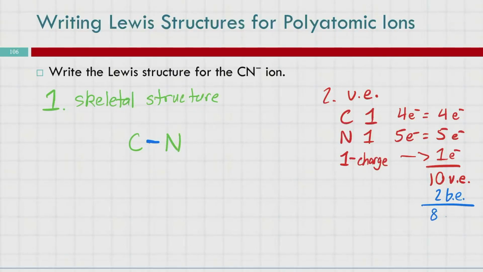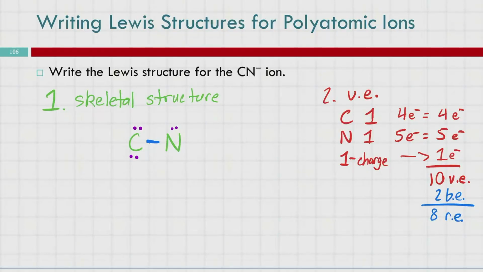So we've got 8 remaining electrons. Now, where do we place the 8 electrons? We've got 8 left. We don't really have terminal atoms. They're kind of basically the same. Neither of them is going to fill up an octet if we distribute these evenly. That's fine. So I'm just going to give 4 to the carbon, 4 to the nitrogen. That'll distribute the rest of our electrons.